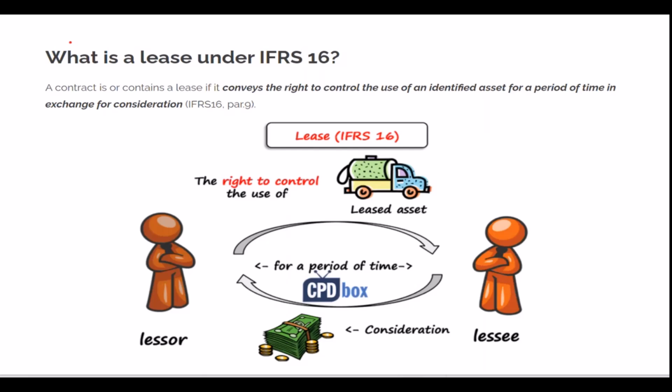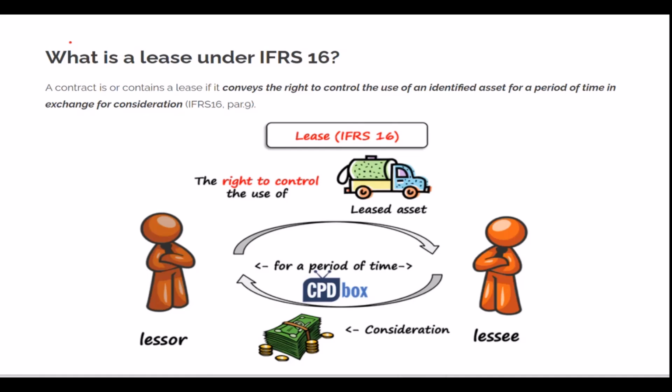And IFRS 16 says that if it is a lease, then you must recognize it on the balance sheet. Previously, if you classified something as an operating lease, you had the liberty of not putting it on the balance sheet.